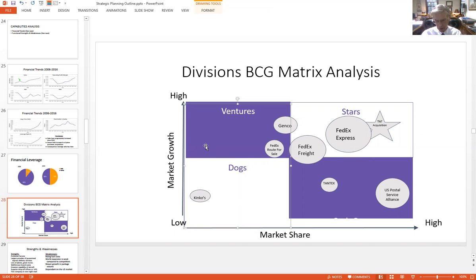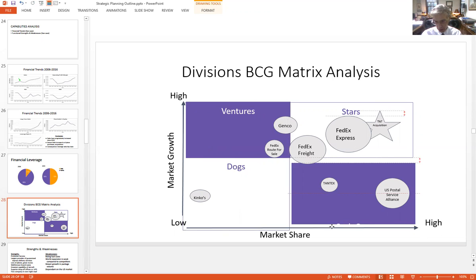I might add that very often the high share is on the left and the low share is on the right. I picked this slide off from a team's study and did not realize that they had the positions reversed. No matter, this works just as well.